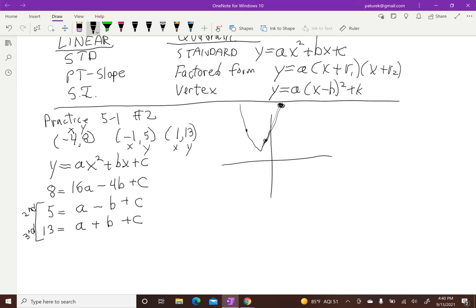So I'm going to do that. The third equation minus the second equation becomes 13 minus 5, which is 8. a minus a is 0. b minus -b is plus 2b.